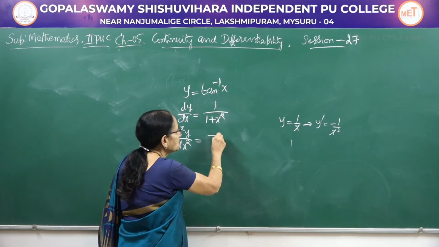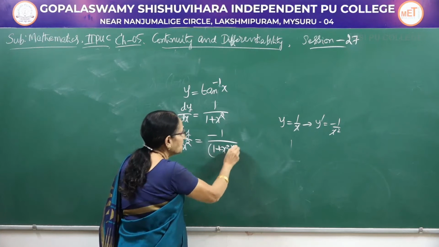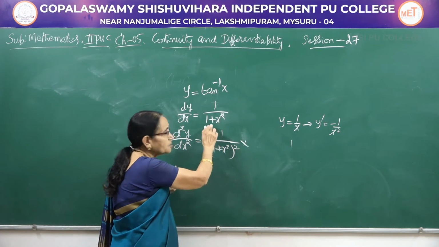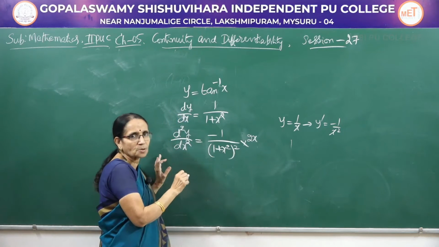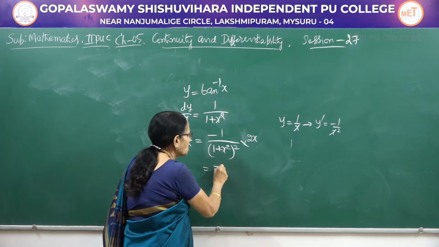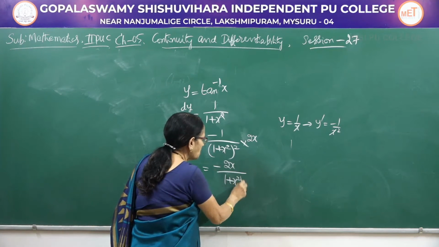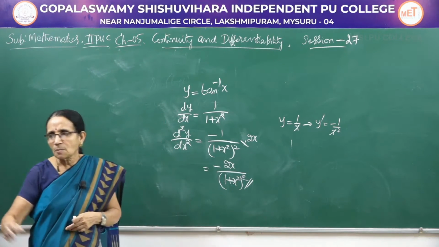It is minus 1 over square of the denominator, 1 plus x square the whole square, into, now this also has to be differentiated, which is 2x. For 1 it is 0, for x square it is 2x. So what is the answer? Minus 2x divided by 1 plus x square the whole square. So this is how we get the derivative.